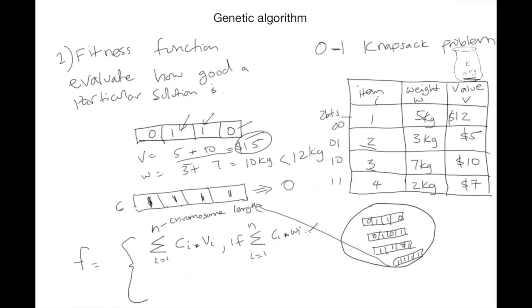So this should be less than or equal to the knapsack capacity, K. So in this case we get $15 if all the weights are within the limits, and we should assign a fitness of 0 otherwise, when the knapsack is broken.